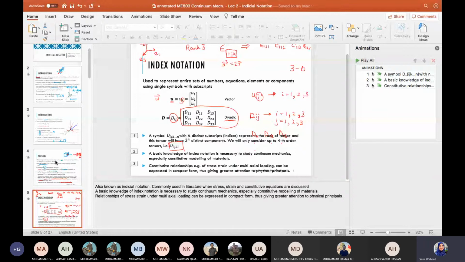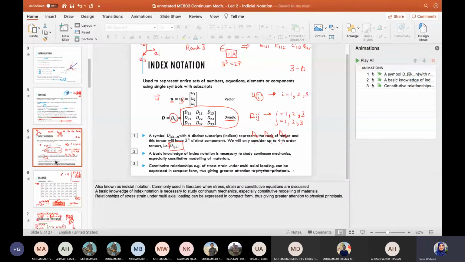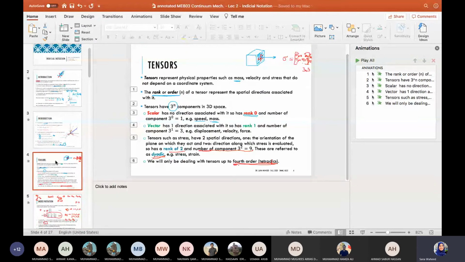So I hope you all have the recording available as well, and I hope you've gone through the slides yourselves, so I don't need to repeat exactly what had happened. But just very briefly, I just want to reiterate a few things. One was we saw how tensors is this very grand universal term for all properties which are independent of coordinate systems.